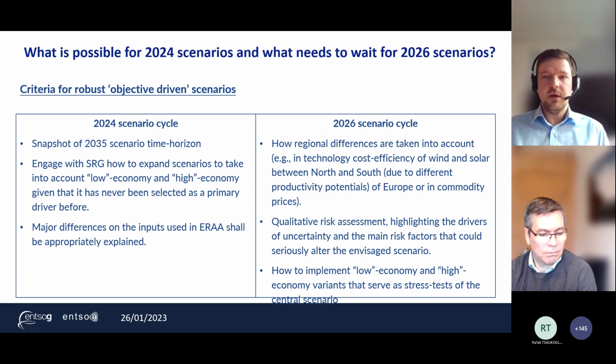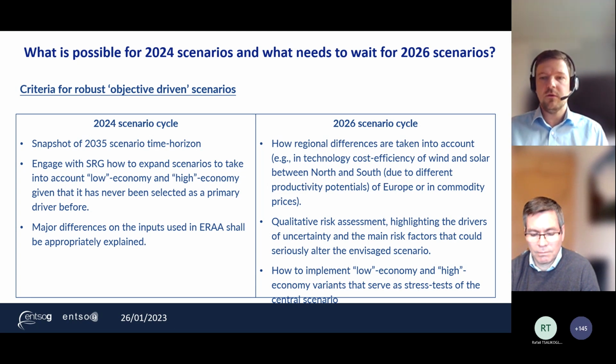Then we will engage with the stakeholder reference group, and we will start the discussion on how to expand the scenarios to take into account the low economic and high economic variant, given that in previous discussions over the last couple of years, it was never selected as a primary driver.